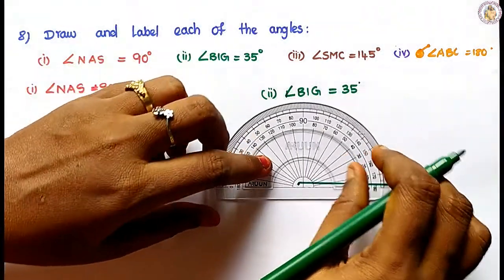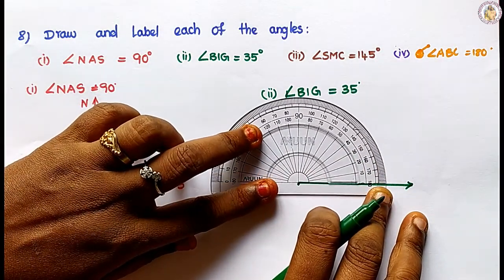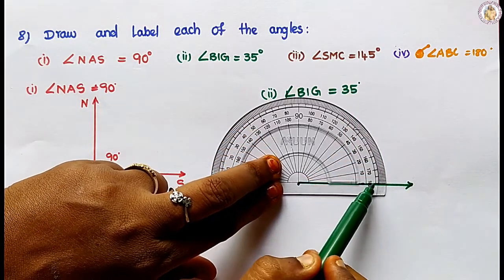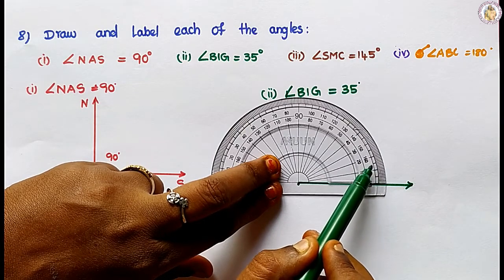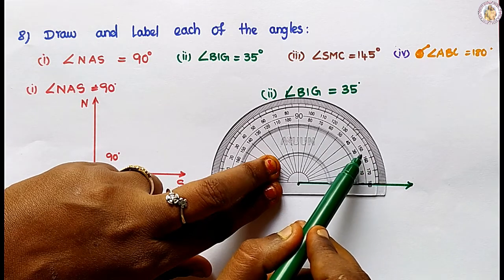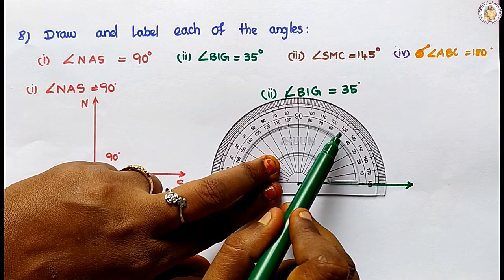From that we have to raise the ray at what angle? 35 degrees. 0, 5, 10, here 15, 20, 25, 30, 40, 50.